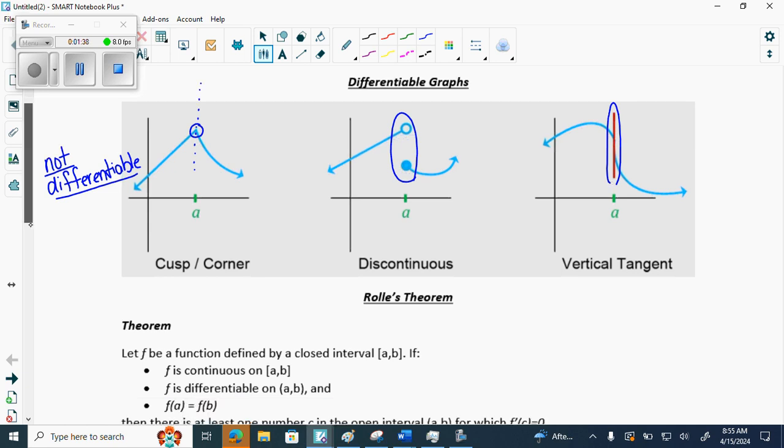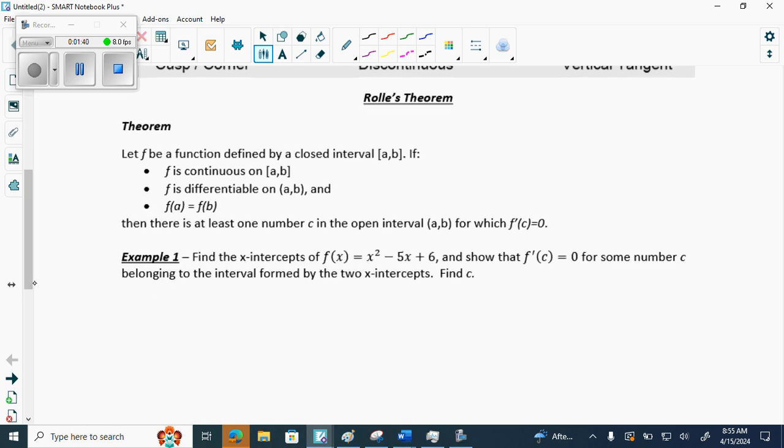Okay. The key thing to understanding Rolle's theorem is understanding what the heck we're finding. Okay? So let's go through here. There are things that have to happen in order for Rolle's theorem to be able to happen. So like, remember when we did the intermediate value theorem? We found a value of y below, we found a value of y above the x-axis, and if there was a value of y below and a value of y above, and the graph was continuous, then we could say there was an x-intercept, correct?